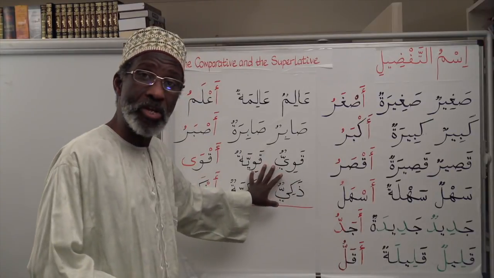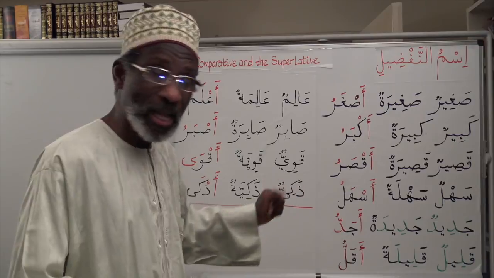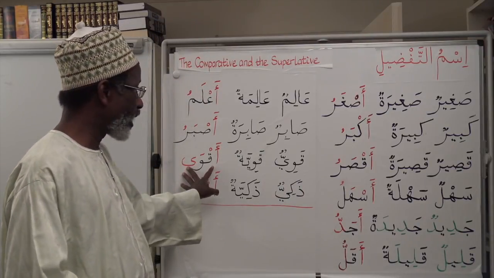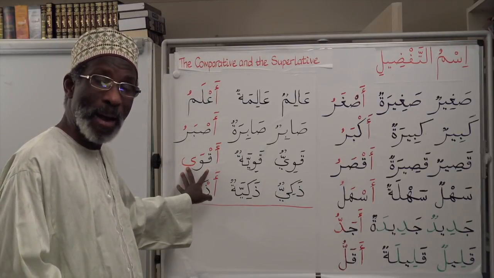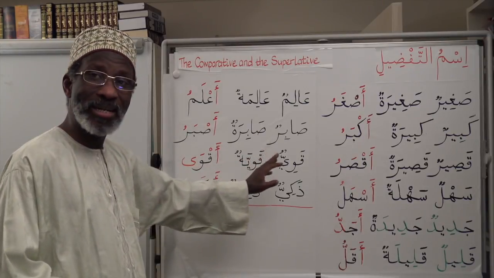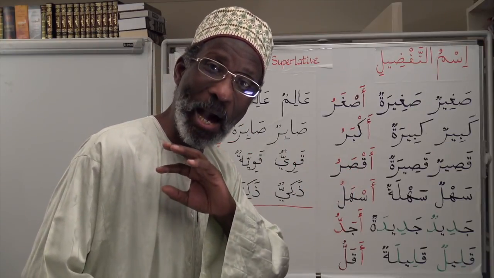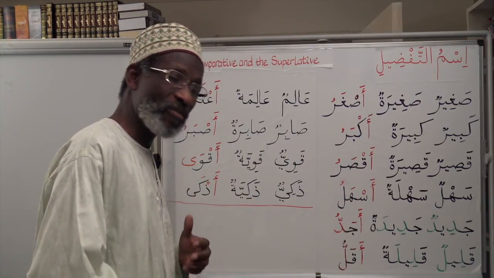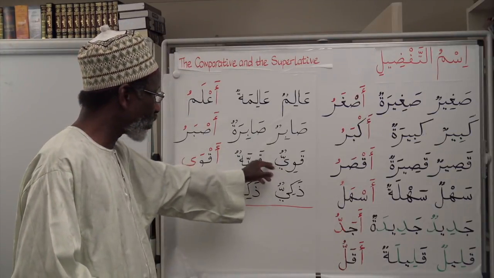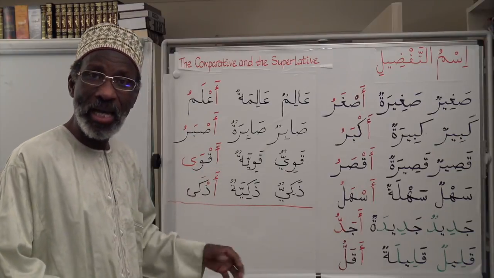So we have qawiyun, strong, qawiyatun, strong, as feminine, and then the comparative is aqwa. Now we converted that ya, the third root letter, into the alif maqsura. Alif maqsura is basically the shape of the ya with no dots, and it's like a lengthening really. Aqwa.